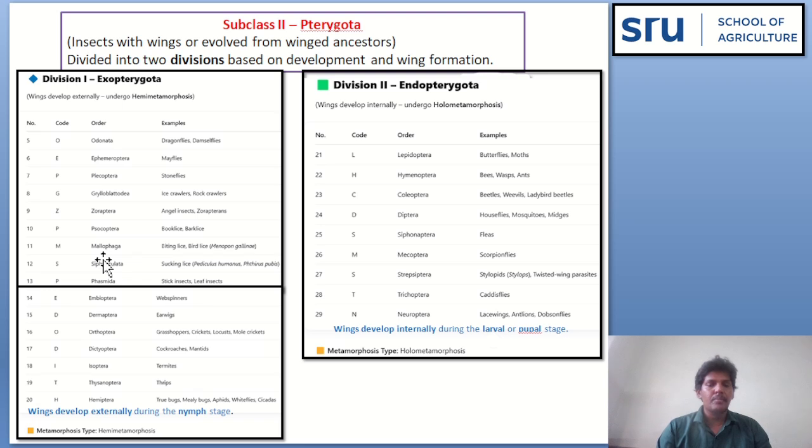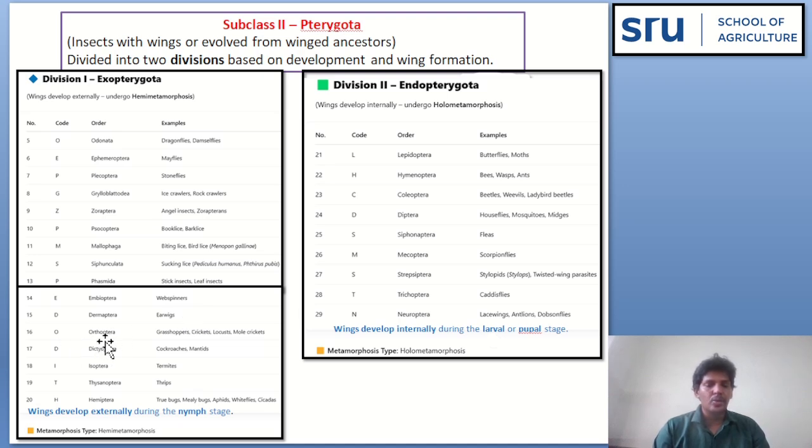M means Mallophaga, examples biting lice and bird lice. S means Siphunculata, examples sucking lice or head louse. P means Phasmida, examples are stick insects and leaf insects. E means Embioptera, examples are web spinners or embiids. G means Dermaptera, example is earwig.